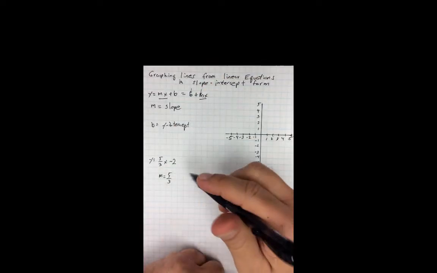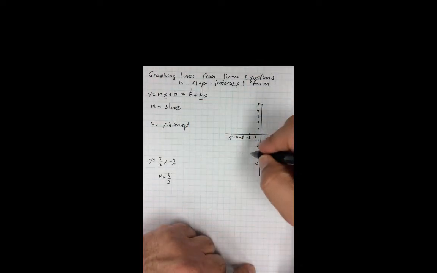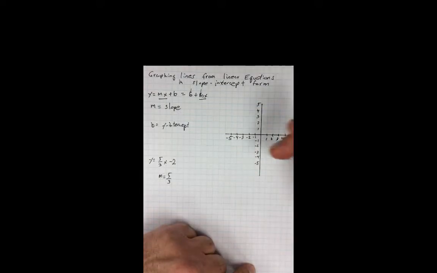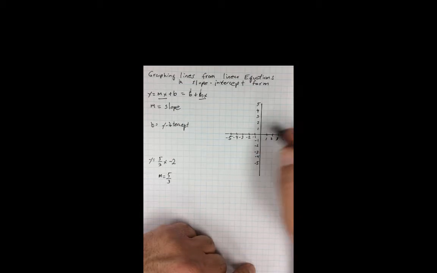Now let's see what those mean, though. The slope tells us something about how much the incline of the line is. Is it a steep incline or a very low incline, and is it positive or negative? And the y-intercept is where the line, once it's drawn, crosses the y-axis.